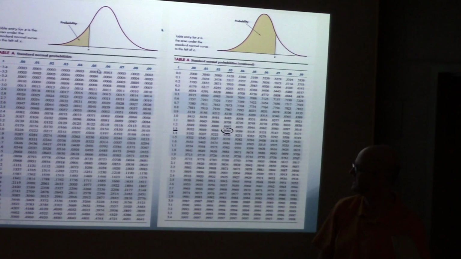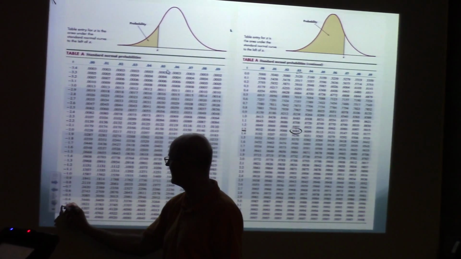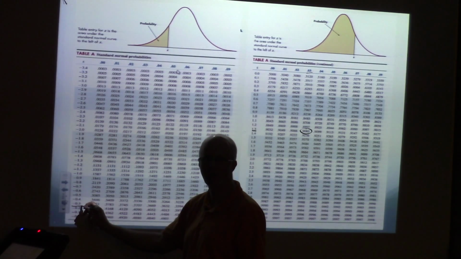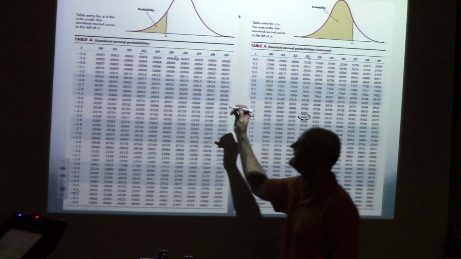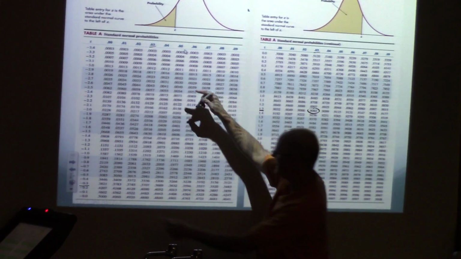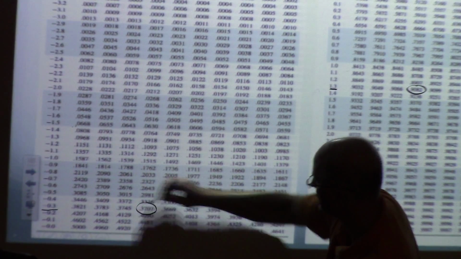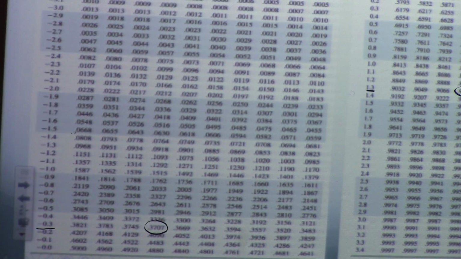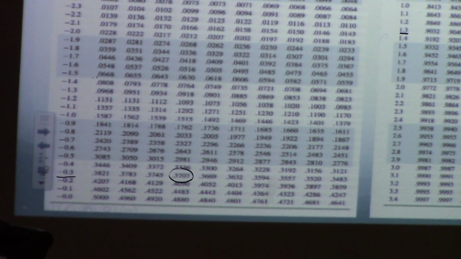We also need the other one, negative 0.33, negative 1/3. Go back over here where you see a negative sign. Negative 0.3, look at the 100th spot, 3. Where do those meet? Right here it looks like. 0.3707 is what you should see in your book.